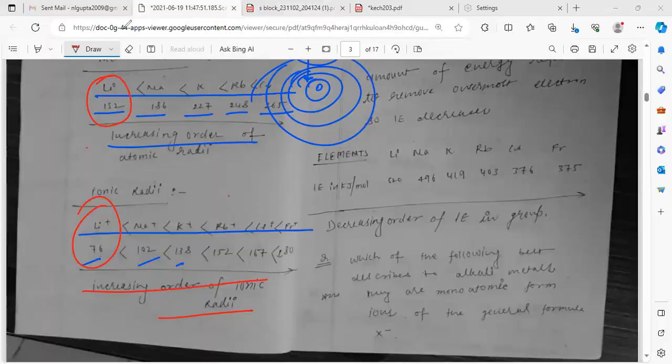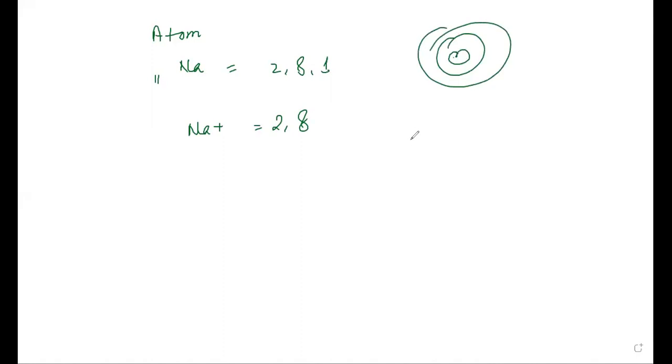See, take any atom, suppose sodium, and Na plus. What will be the configuration? Sodium is 2, 8, 1 and Na plus is 2, 8. Here the number of shells is 3, and there it is 2. The atomic number never changes, so the proton count is 11. Na plus has 11 protons and 10 electrons, while the atom has 11 protons and 11 electrons. Which one attracts more?